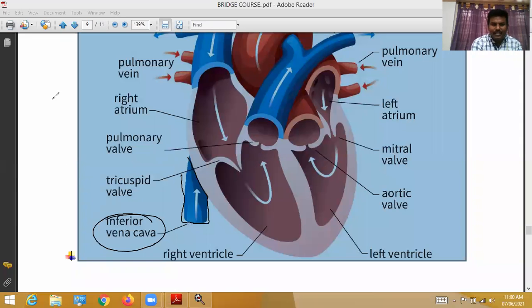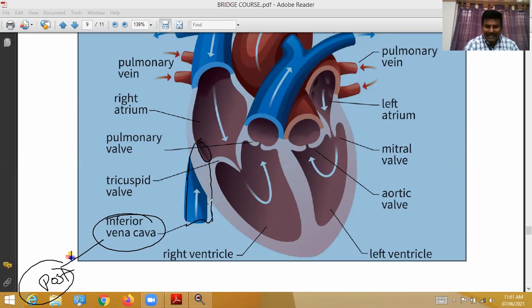Superior means precaval vein, inferior means postcaval vein. This also opens directly into the right auricle through this hole, called the inferior vena cava hole. It brings blood from the lower body parts and opens into the right auricle.